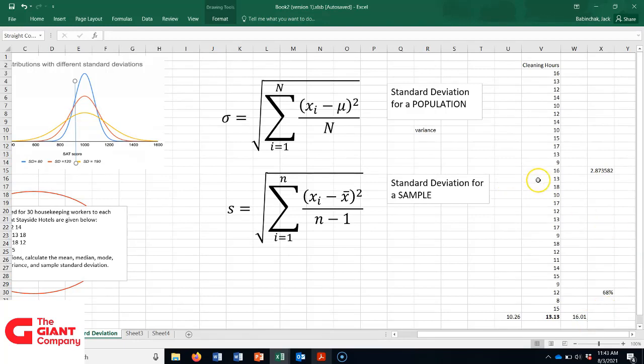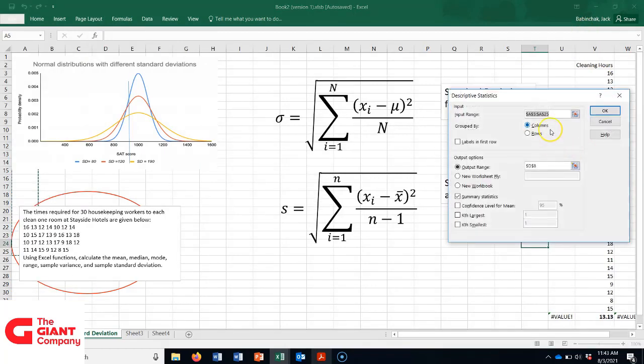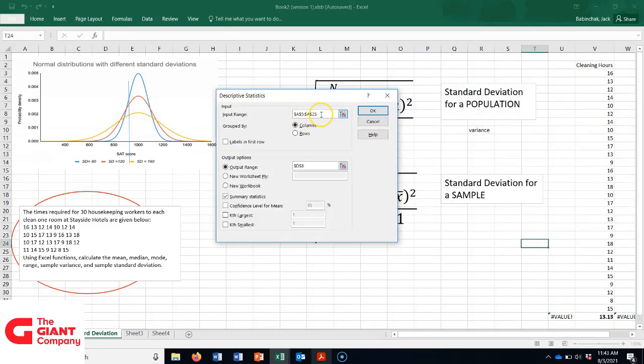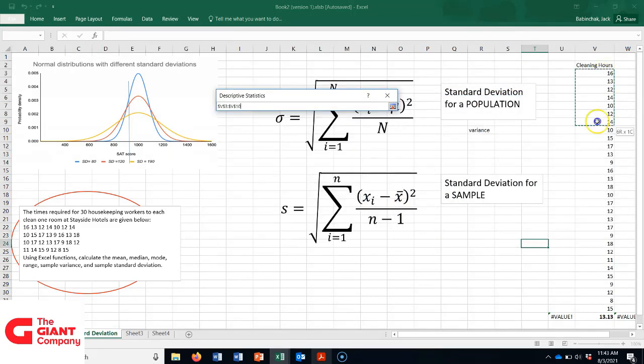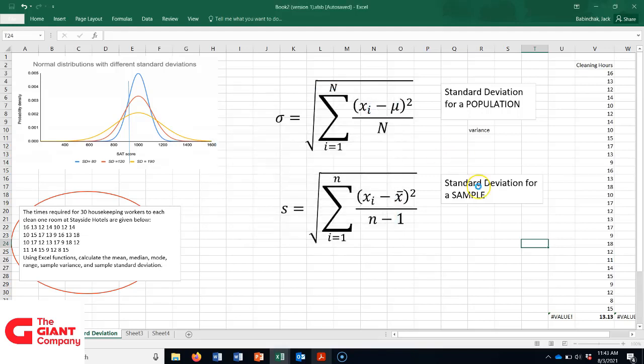Instead of just getting the single standard deviation calculation, we could do what we did in another video. We can go to Data, Data Analysis, and do our descriptive statistics. If we specify our range, or our variables, and I'm going to put the output right here, and then Summary Statistics, make sure that's checked.